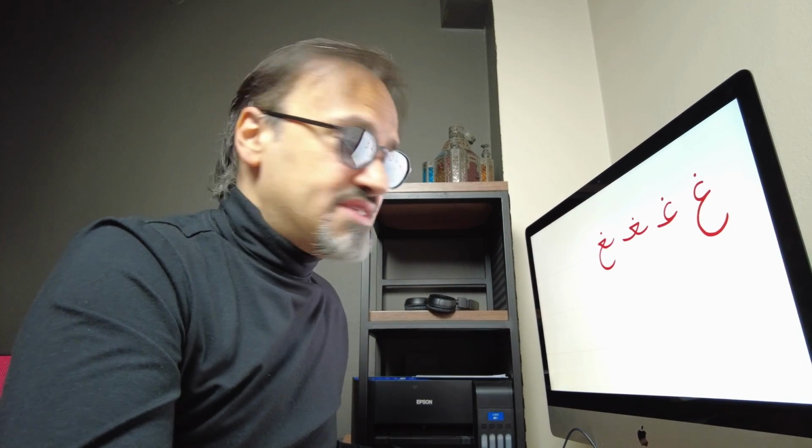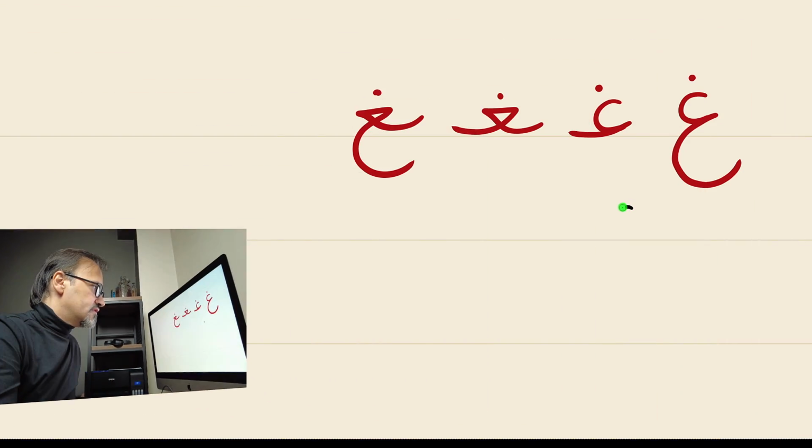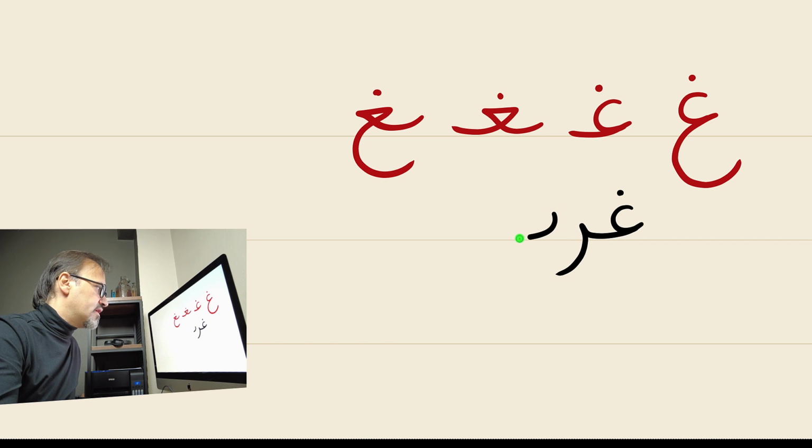We can write west, which is غرب. So we start with the R, and then b. We can write صبغ. صبغ means paint, a pigment.